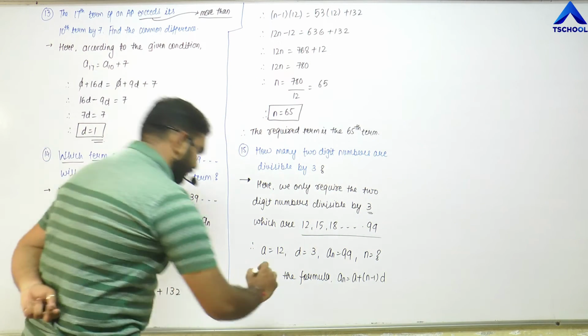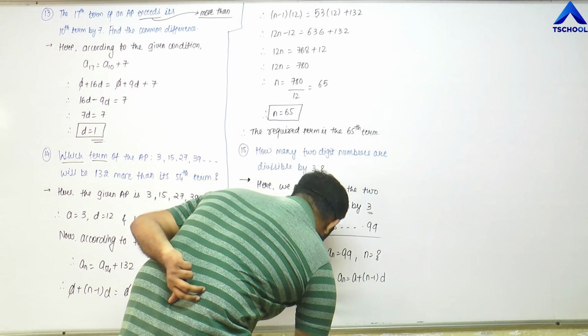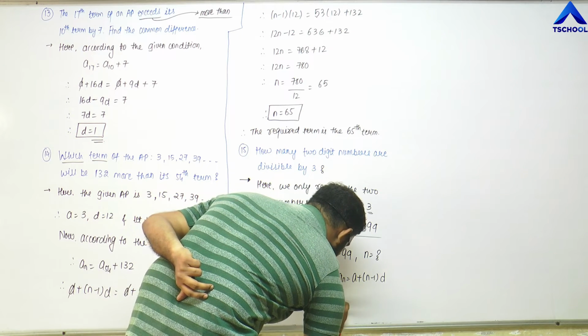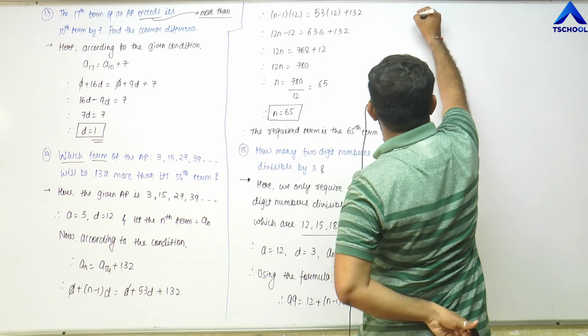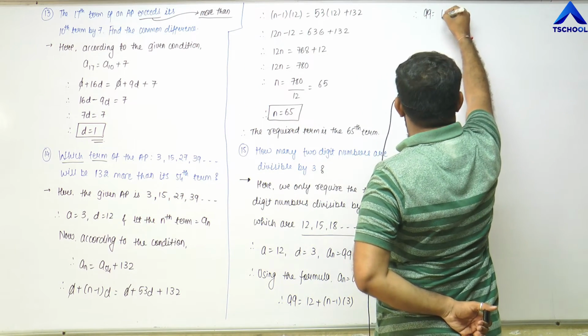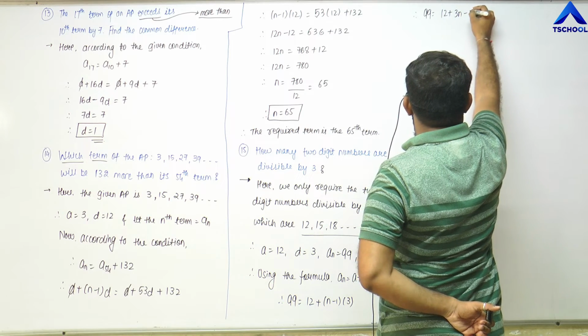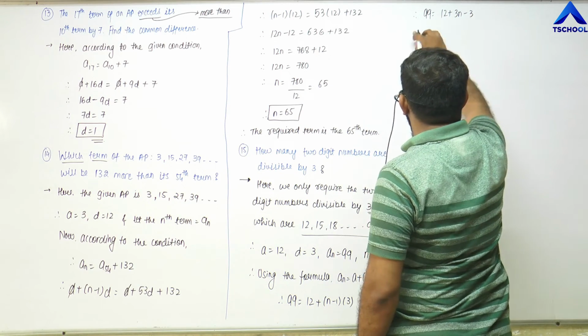Therefore putting the values, 99 is equal to a, that is 12, plus (n minus 1) into 3. Solving this, we get 99 is equal to 12 plus 3n minus 3, right? What is that equal to?